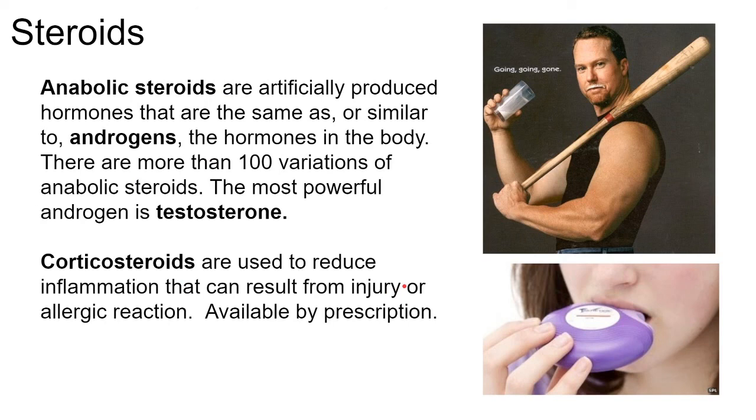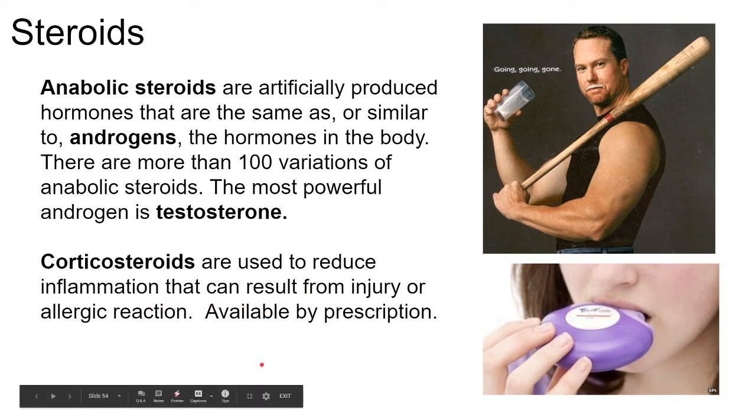Steroids. Steroids are another type of hormone. Anabolic steroids are artificially produced hormones. They are the same as or similar to androgens, the hormones in the body. There are more than 100 variations of anabolic steroids. The most powerful androgen is testosterone. You also have corticosteroids, which are used to reduce inflammation that can result from injury or allergic reaction. These are available by prescription.